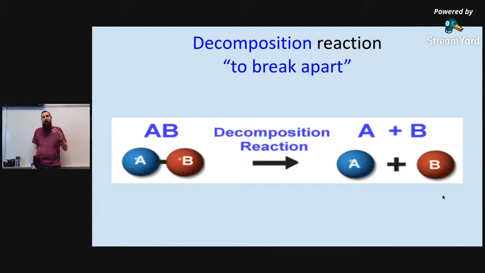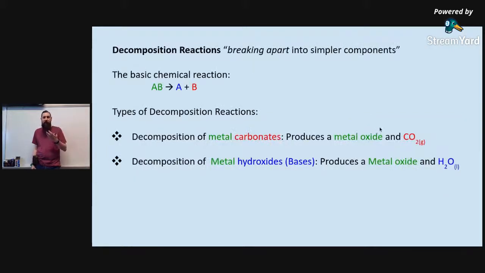So again, those types of decomposition reactions: we can have metal carbonates, which is a metal combined with CO3, sorry, the carbonate polyatomic ion, and in that decomposition we form a metal oxide and CO2. You'll notice that this is the exact opposite of a synthesis reaction.